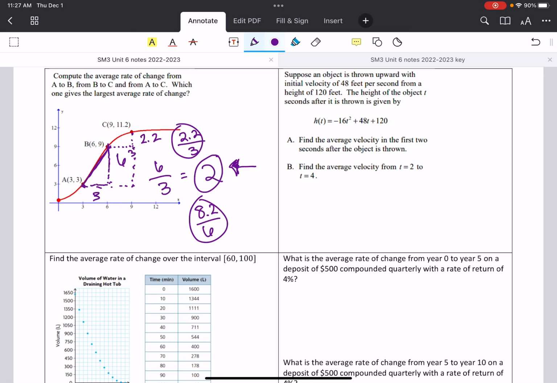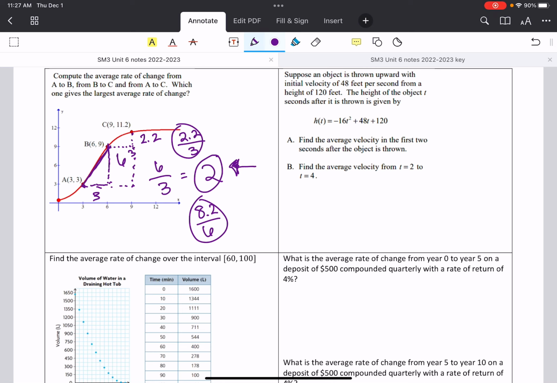It's steeper, right? From A to B, that slope was 2. B to C, the slope was 2.2 over 3, so a little less than 1. And then from A to C, there's rise and run, 8.2 over 6, a little more than 1. This is all average rate of change. This is nothing new. This is just slope.